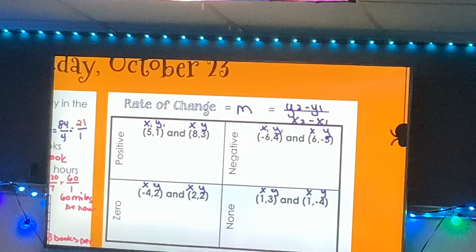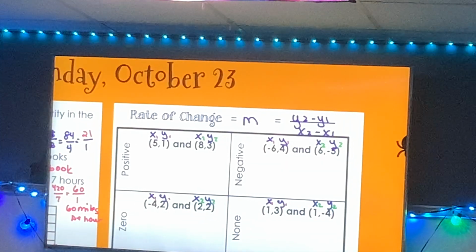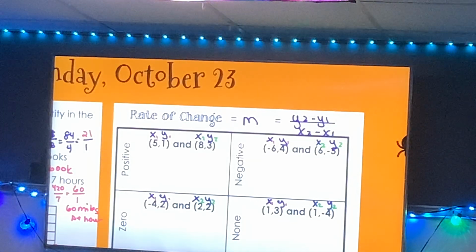The first set of x and y we see will be our x1, y1. Our second one will be x2, y2. We just labeled them x, y. The first one we see gets baby ones. The second one we see gets baby twos.